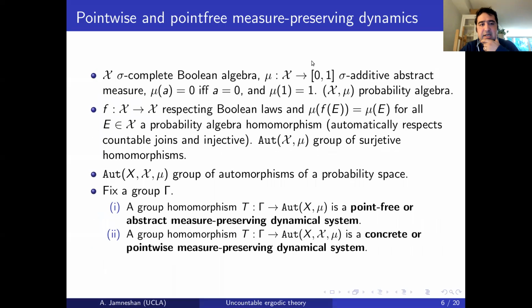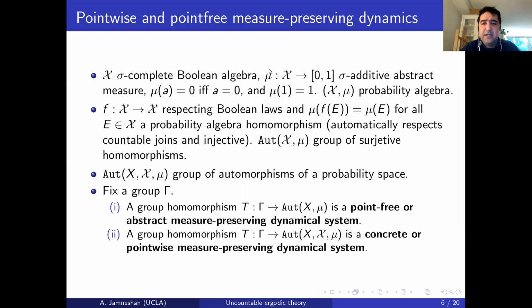So now let's see how we can do dynamics on such measure algebras. So first of all, let's now forget that X comes from a quotient of a probability space. Suppose X is just some sigma complete Boolean algebra. So that means that it is a Boolean algebra which is closed under countable unions, or countable joins, and countable meets.